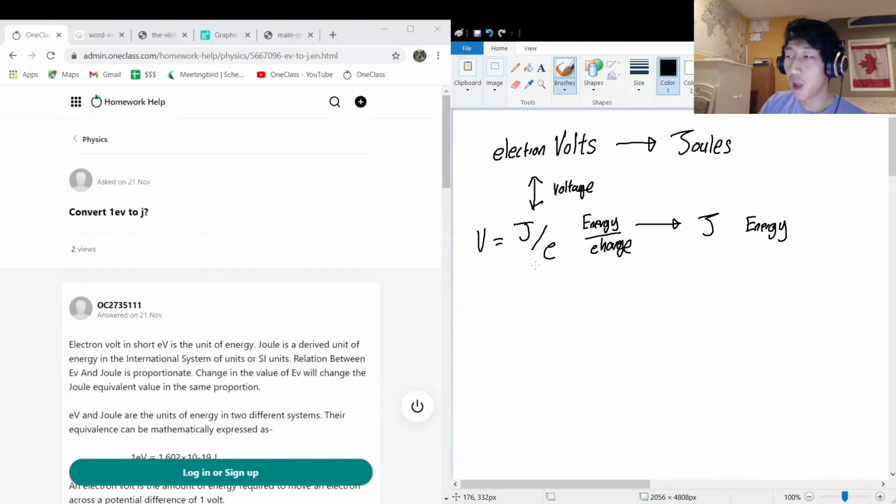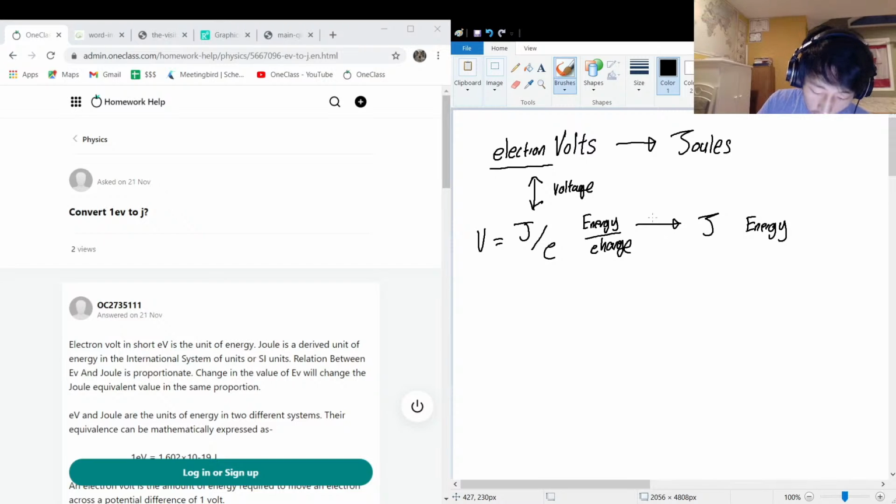Okay, so what charge should we use? Well, we look at the name, electron volt, electron, that's a nice hint. So why don't we multiply 1 volt by the charge of an electron. That should just give us a joule left, and that will be how many joules are in an electron volt.